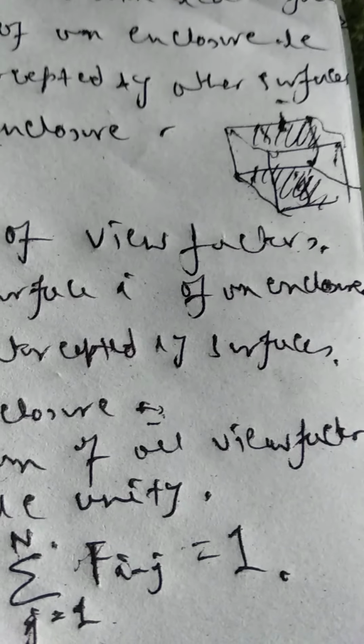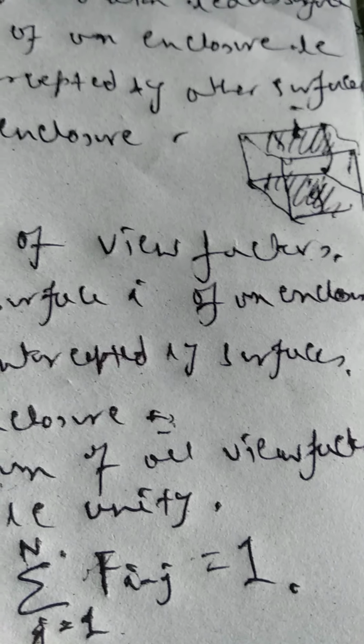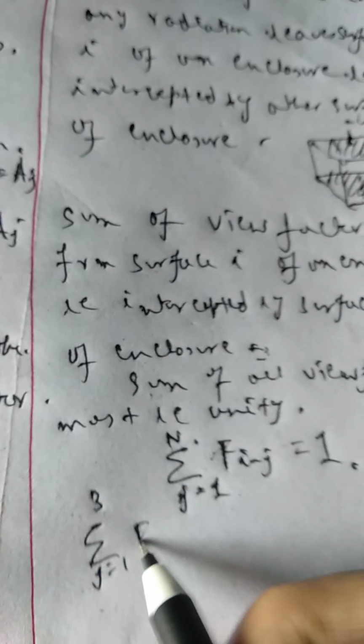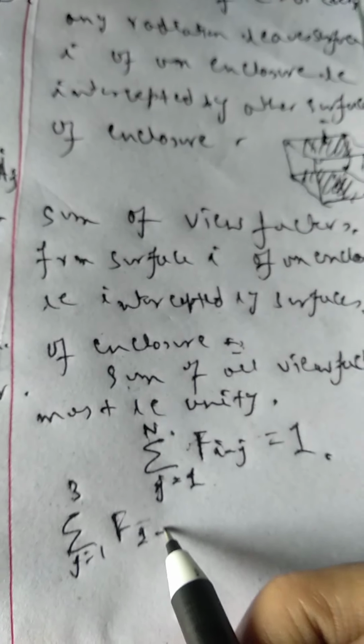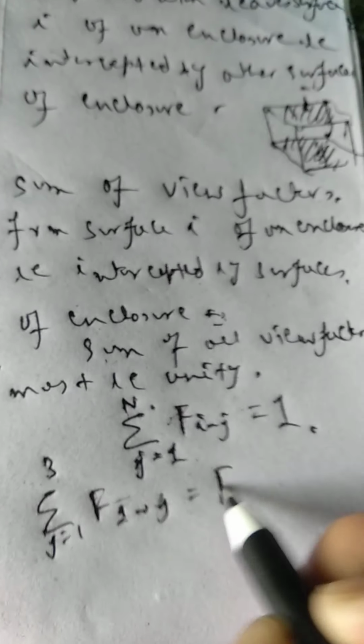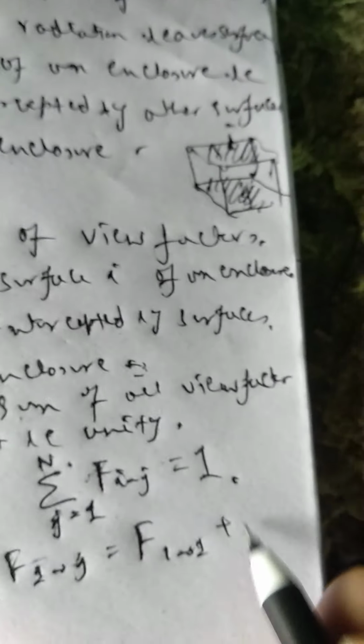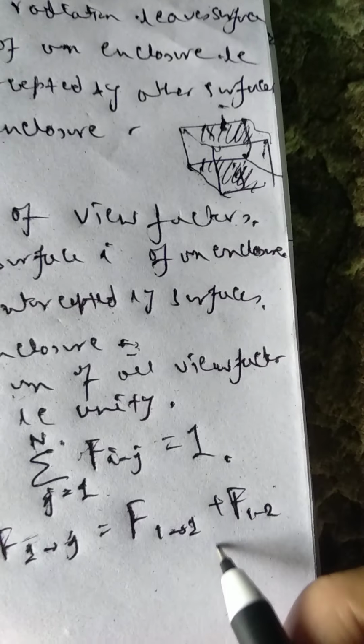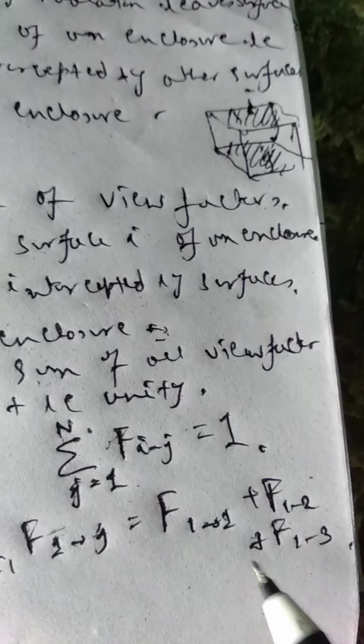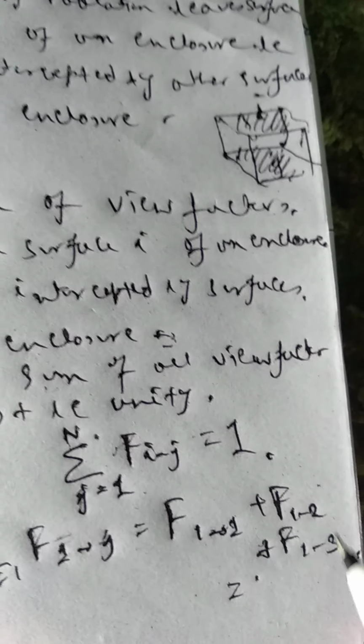Now for a 3 surface enclosure, for that, F_11 + F_12 + F_13 is equal to 1.